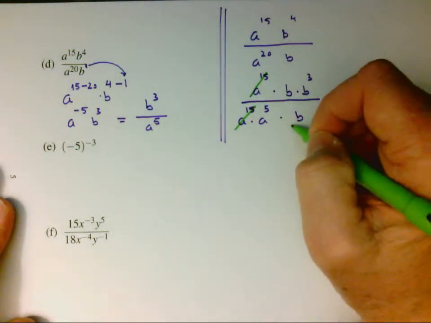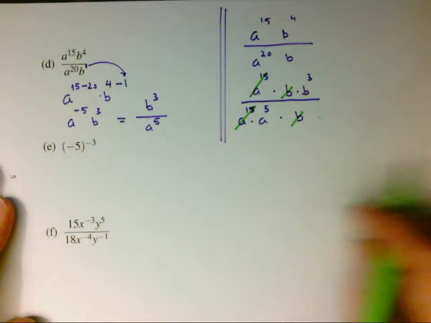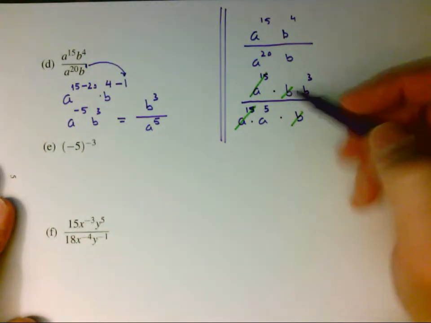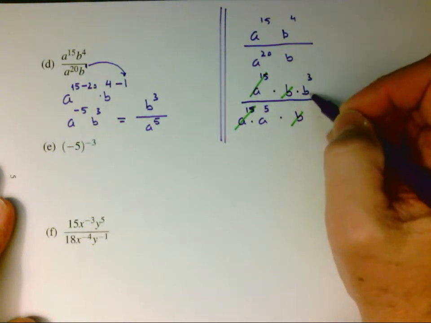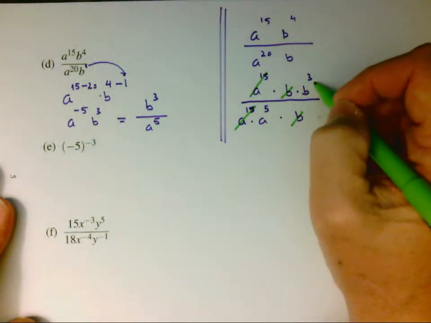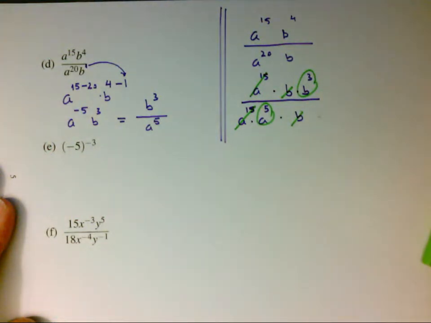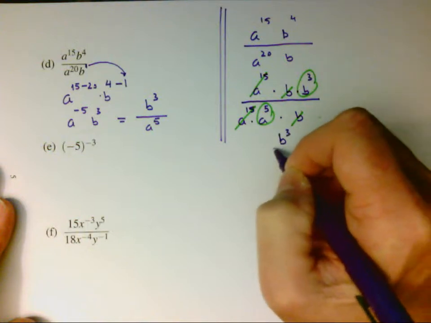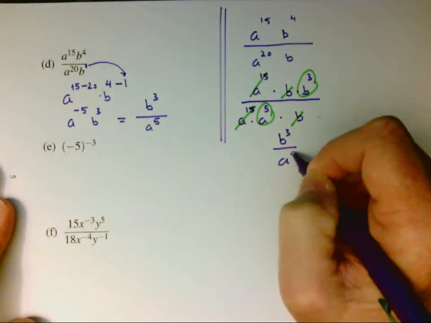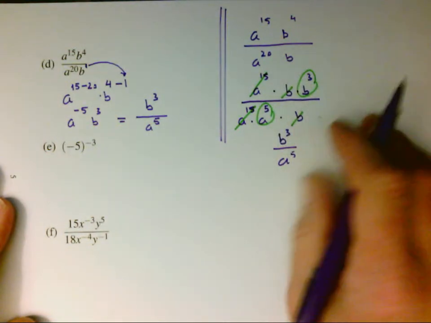Likewise, over here, a b divided by a b is 1. So these two things we call a cancellation, and we're left with a b cubed over top of an a to the 5th, which is exactly what we had over here. So that's the intermediate step if you want to go all the way through that.